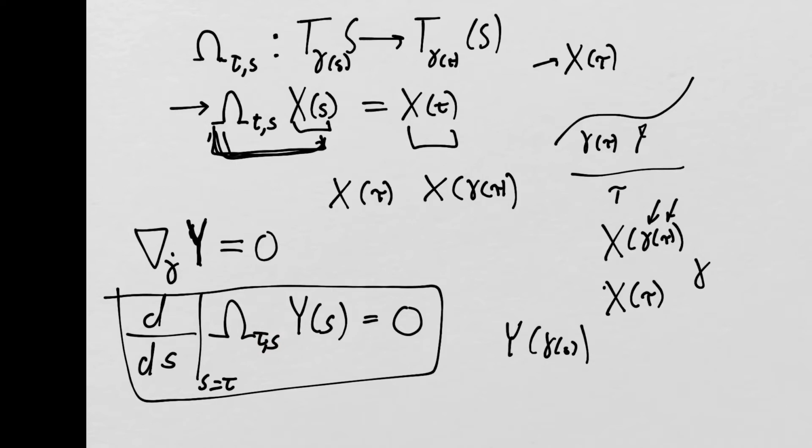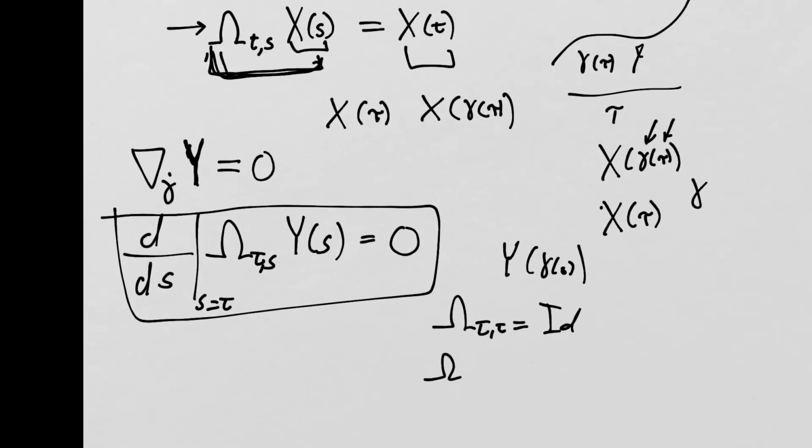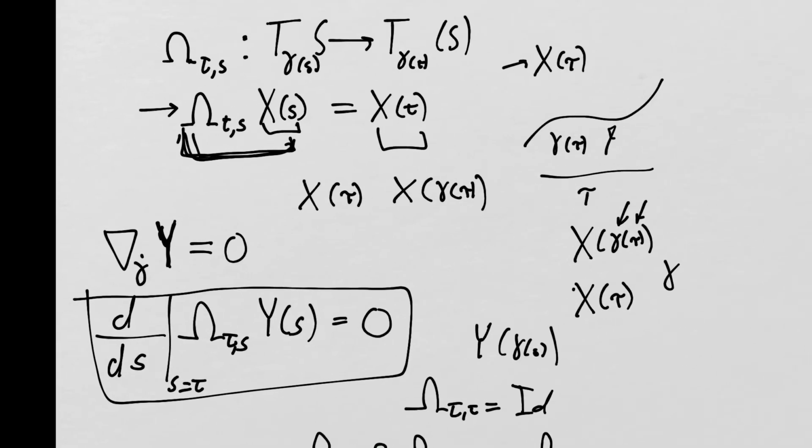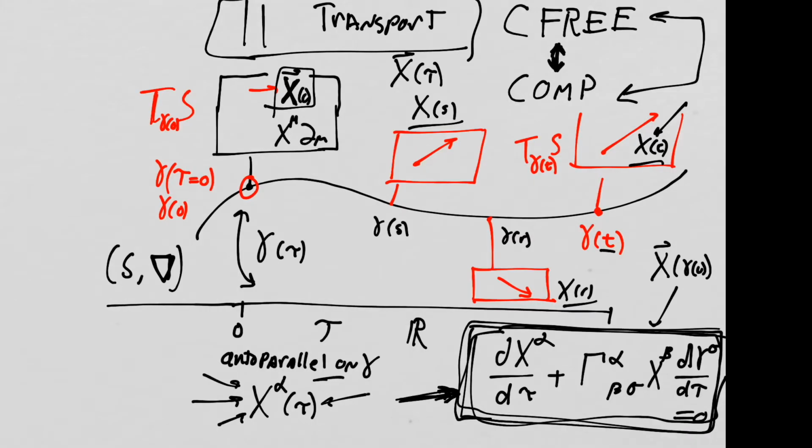In fact, there's a couple things. Omega of tt equals the identity operator, and also omega of ts, omega of s to t to r is omega of s to r, right? There's that transitiveness. And that's because along this curve, it's unique, right?